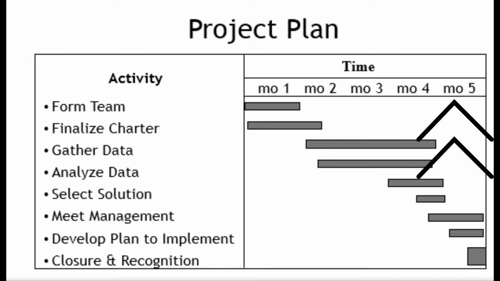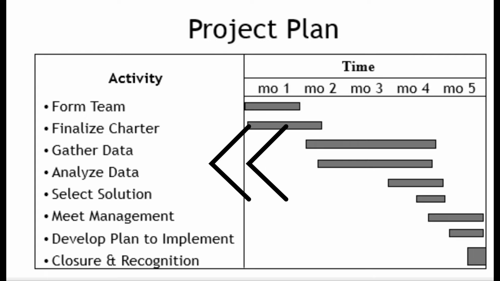As you can see in the chart, there are some parallel activities which are running from month 2 to month 4. So basically it's a split of activities and their spread of time frame, when they will start and end. And on the left hand side you can see the list of activities that we will complete in this 5-month period that you see on your screen.